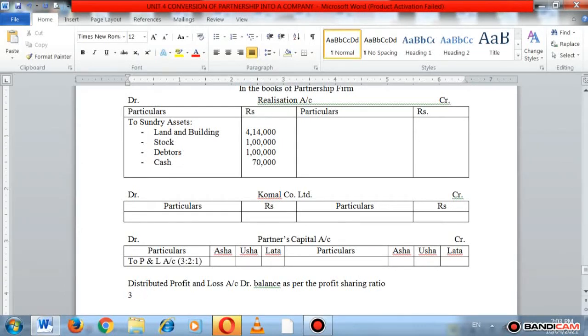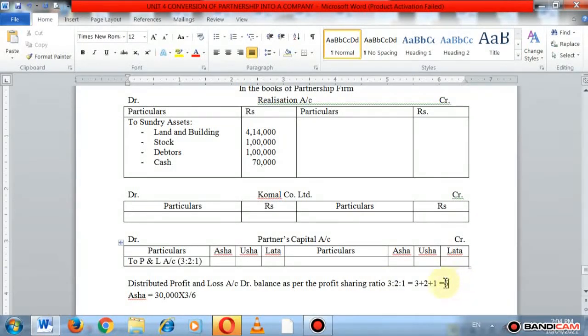Okay, so here computation is 30,000 multiplied by, so here first partner, that is Asha, is equal to 30,000 multiplied by 3 divided by 6. Okay, 6 means the total of ratio. It means ratio is 3:2:1, total of ratio is 3 plus 2 plus 1 is equal to 6.